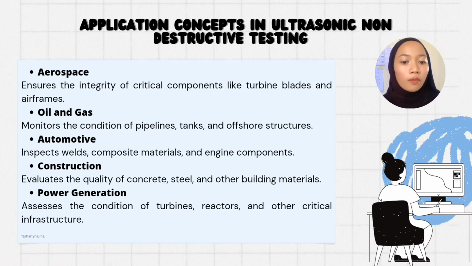We also have automotive, which inspects wheels, composite materials, and engine components. Fourth, the application is construction, which evaluates the quality of concrete, steel, and other building materials. And lastly, we have power generation, which assesses the condition of turbines, reactors, and other critical infrastructure.